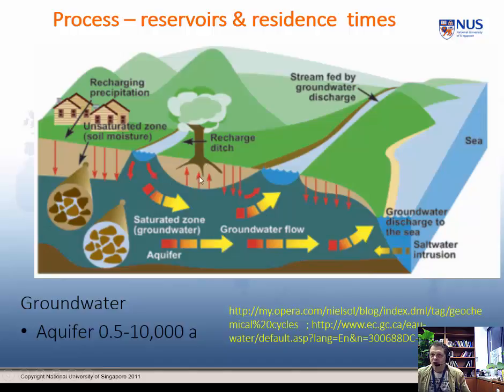This tree is pulling water out, which is why the aquifer surface dips by these tree roots. If you reduce the flow of an aquifer, then the pressure from the seawater will mean that some of this will be salt. Anyway, not really relevant to our module, so we'll continue, but good general knowledge.